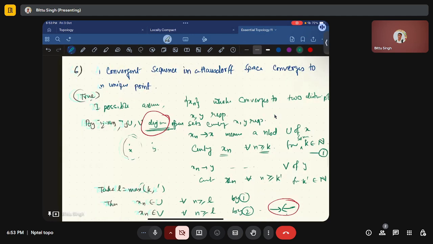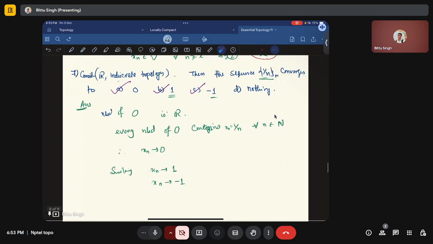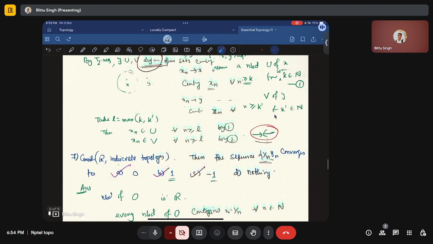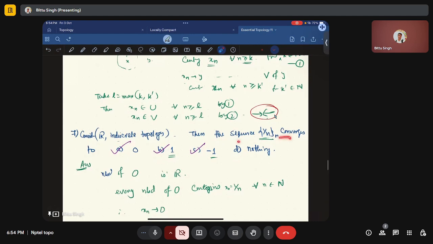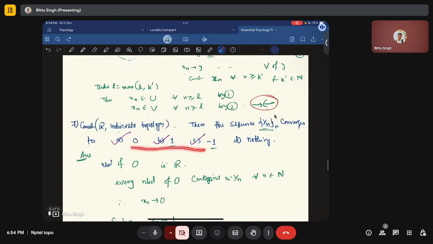This problem is useful to see the fact that if the topological space is not a T2 space, then there can be multiple limits of a sequence.